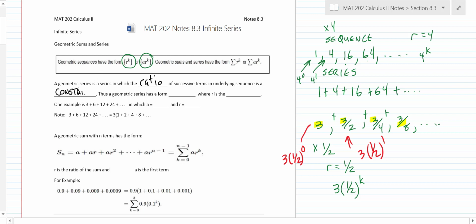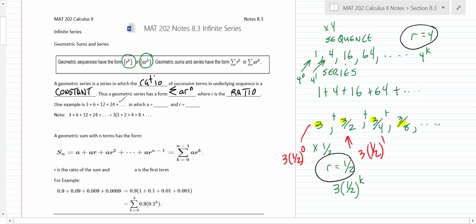And that ratio is like what I showed you over here, like R is equal to 4 there, R is equal to a half there. Thus a geometric series generally has the form: we usually use that sigma to represent a sum, and then it's going to be like AR to the N or AR to the K. And R is going to be the ratio of the terms. Okay? So that's the idea.